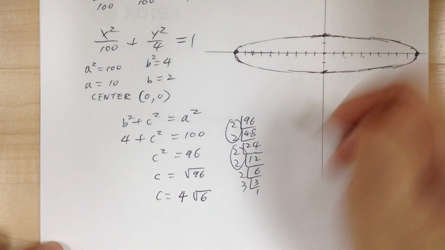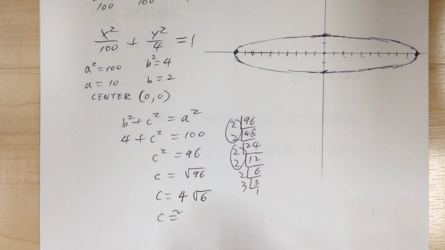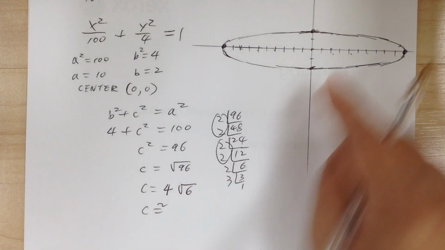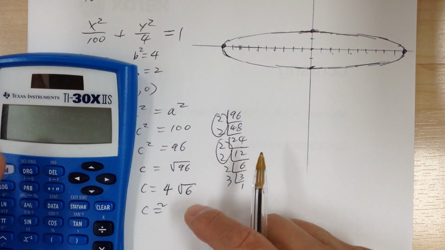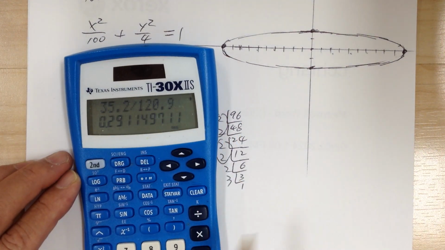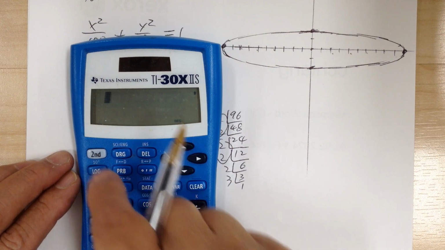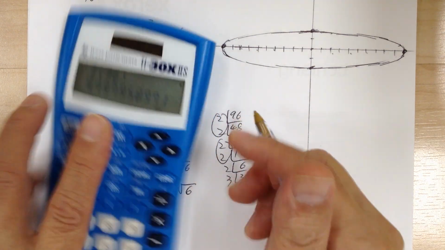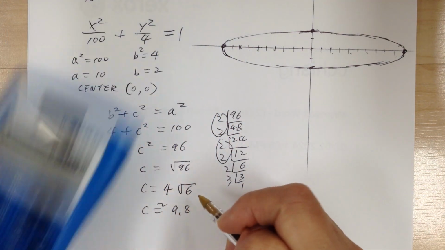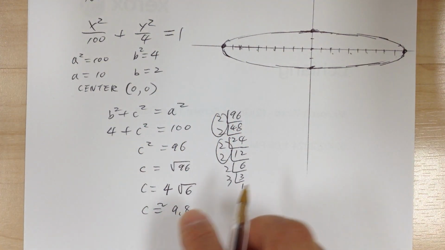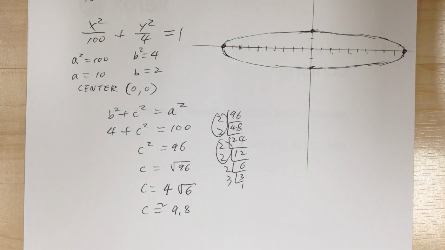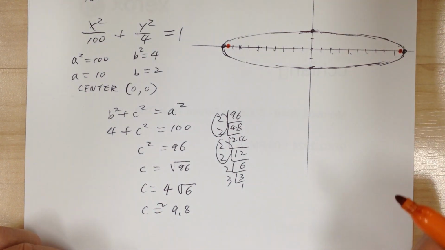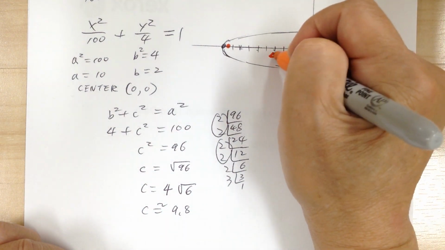When you write, you have to use a square root, but when you locate a point, use the decimal. So square root of 96 equals about 9.8. This is used to locate your points on the graph. So 9.8 is about right over here, and the distance is 4 square root of 6.